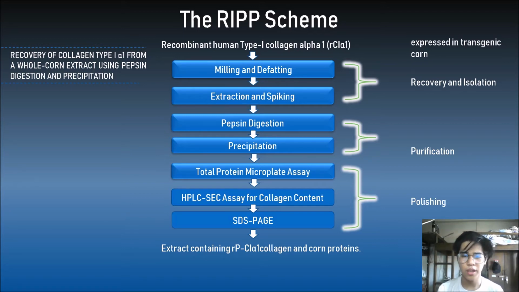For purification, they use pepsin digestion and precipitation. For polishing, there is a total protein microplate assay, an HPLC assay for collagen content, and then SDS-PAGE. The product of this procedure is the extract containing rhCOL1 alpha 1 collagen and the corn proteins.